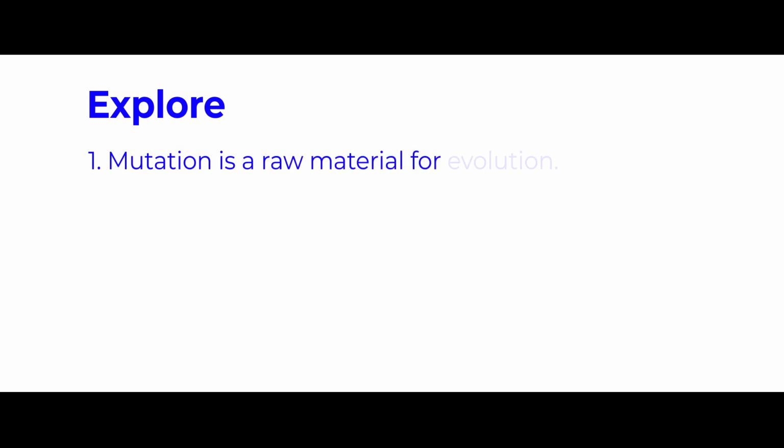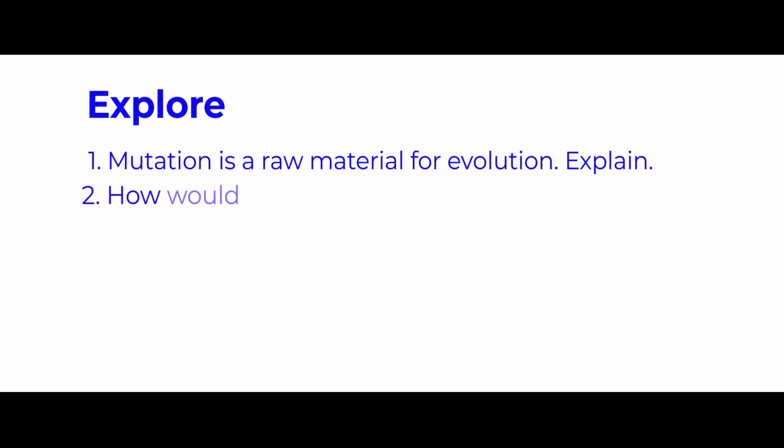And let me now give you a few questions for you to explore. Question number 1. Mutation is a raw material for evolution. Explain. So you will explain how mutation works as a raw material for evolution. Number 2, you have attended this class and you know what is species and how speciation has happened.